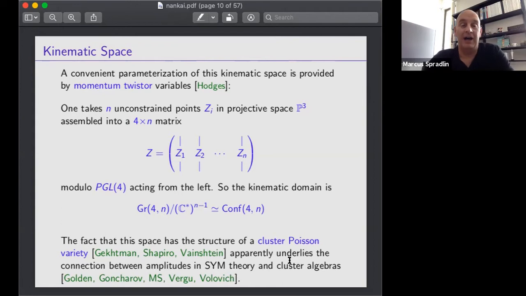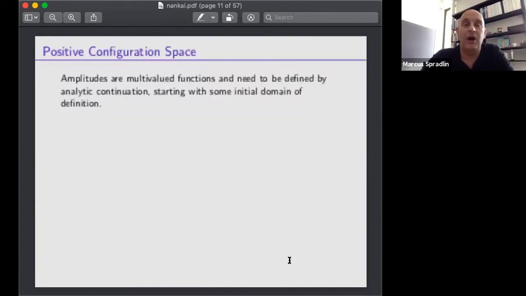So for the moment, it's convenient to allow ourselves to complexify this space. And on that space, amplitudes are multi-valued functions. They have poles. The poles are completely well understood. So the singularities that are of interest to us are branch points.